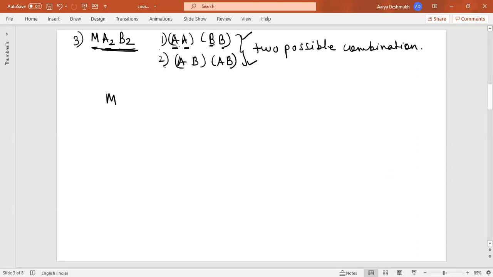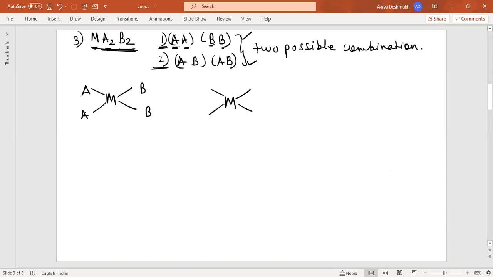Okay. Now, obviously, one is cis and other must be trans. Now we can draw the structure for number 1 combination. Here AA and BB. Other, you can draw the structure like this. Rather, this is for the second one. I'm sorry here.